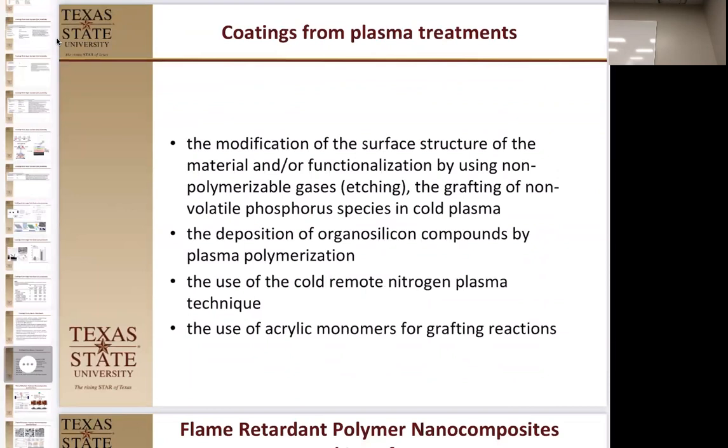It will oxidize the entire surface down to SiO2 and way up on the surface. And then you can also use nitrogen plasma technique for that, but that's usually to bond other polymers too. So you take acrylic monomers, nitrogen plasma is a little bit softer, and you can graft stuff onto that.